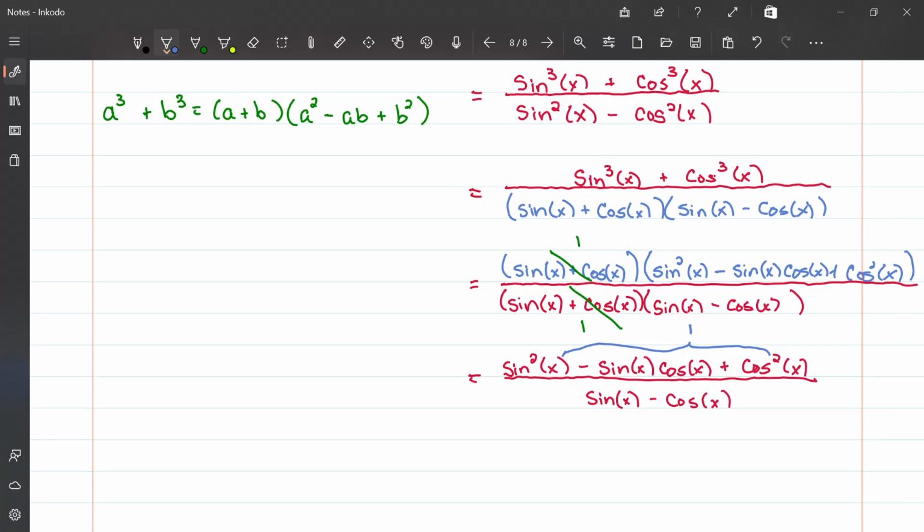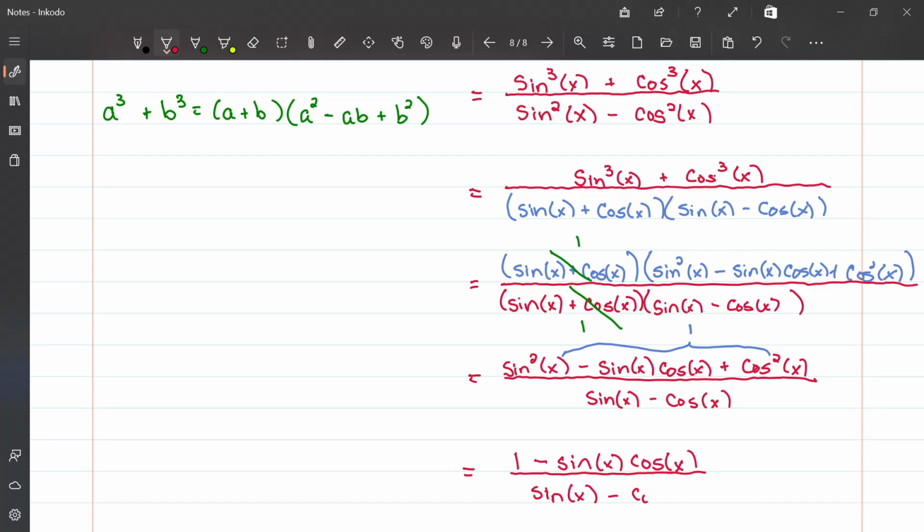So I'm just going to go ahead and do that. Come down here to the next line and write, okay, sine squared plus cosine squared, that's 1. Then we still have a subtraction involving sine times cosine. And then I'm going to divide by sine minus cosine.